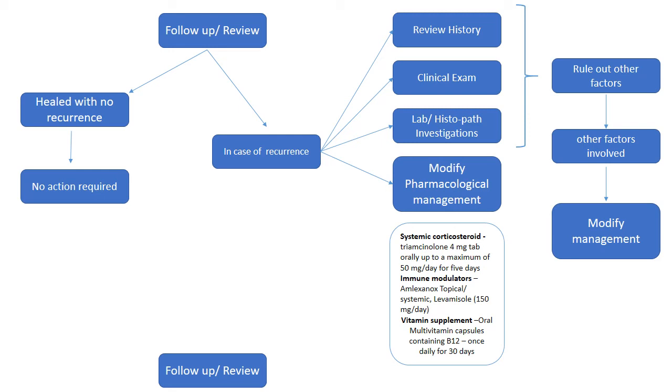We follow up the patient to see if it is healing successfully, it is persistent, or there is any recurrence. Based again on the histopath and laboratory investigations, we have to rule out other factors, and in case other factors are involved, then we modify the management accordingly. Now this is, like I said before, a treatment plan based on this case scenario.